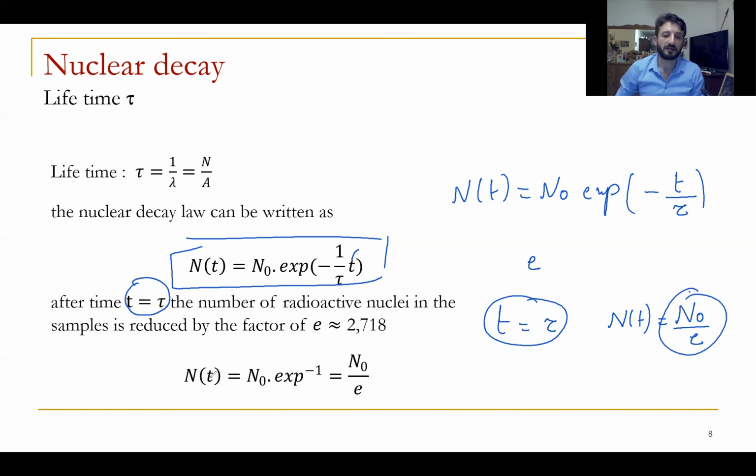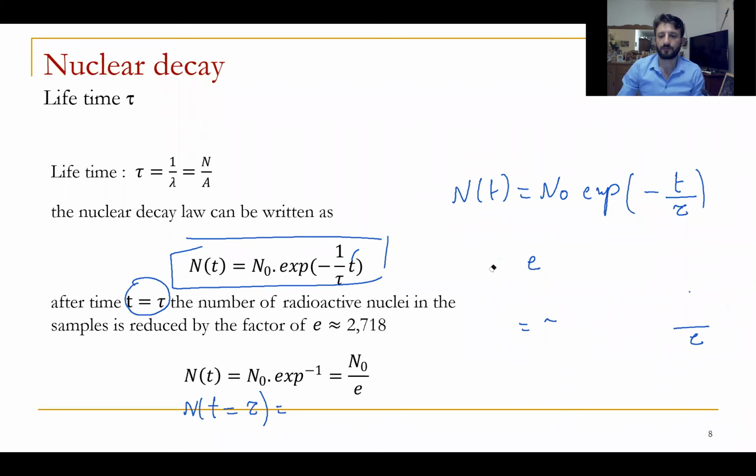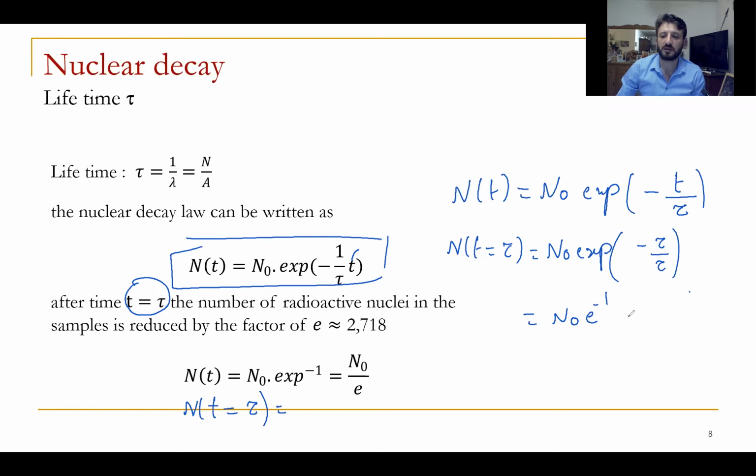We can write N at t equals tau equals N0 exponential minus tau divided by tau, so equals N0 exponential minus 1 equals N0 divided by e.